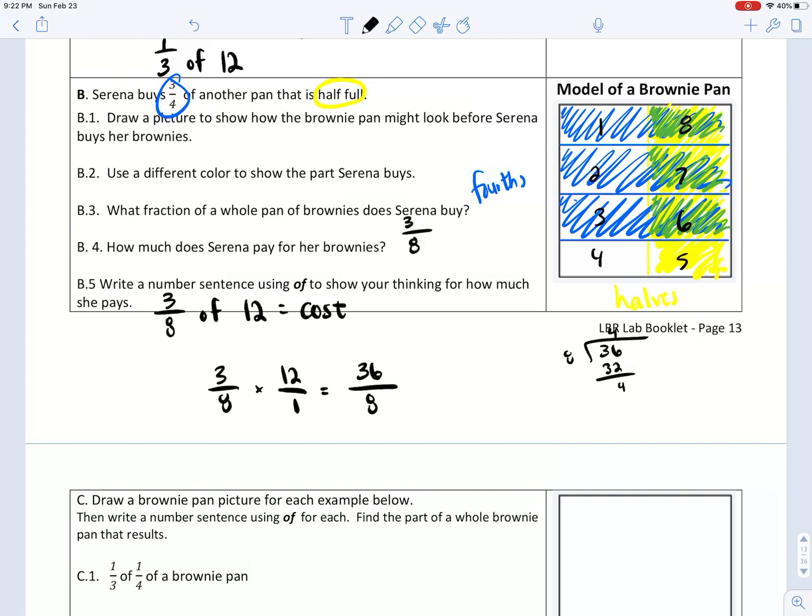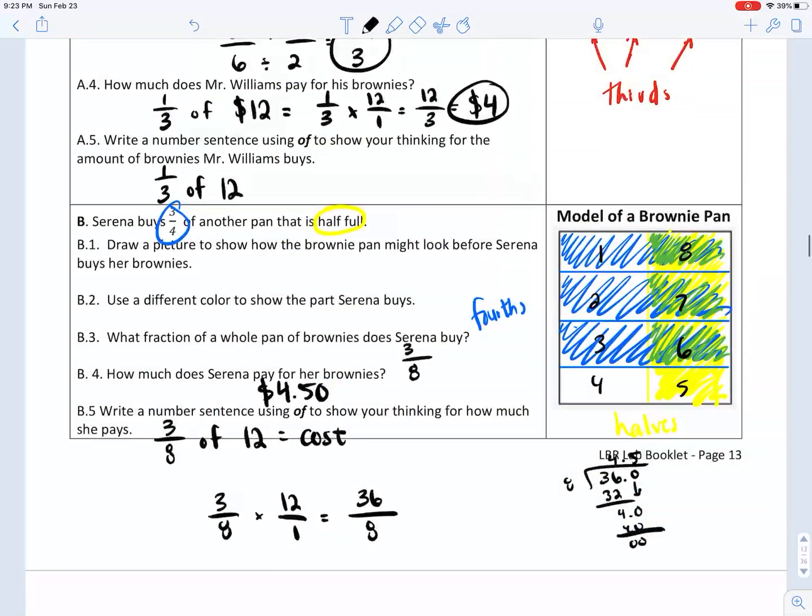And we have a remainder of 4. So I'm going to add a decimal, bring down my 0. 8 goes into 40 5 times. So it looks like Serena is going to pay $4.50 for her brownies.